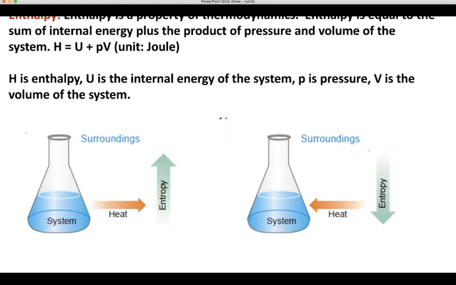One is cold water, which absorbs the heat and decreases its entropy as it normalizes to normal temperature water. Another example is hot water in the conical flask. It will try to become cold water, so it will release the heat and it will increase the entropy of the system.